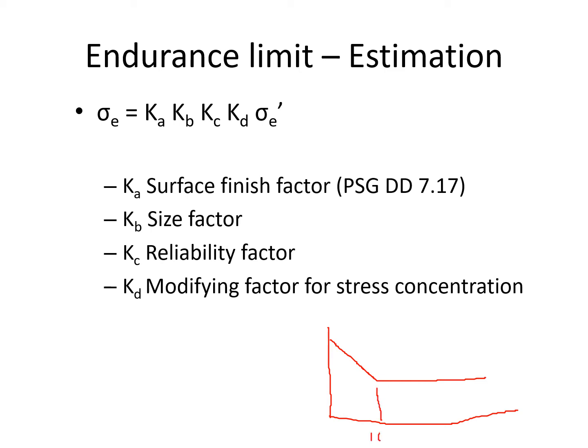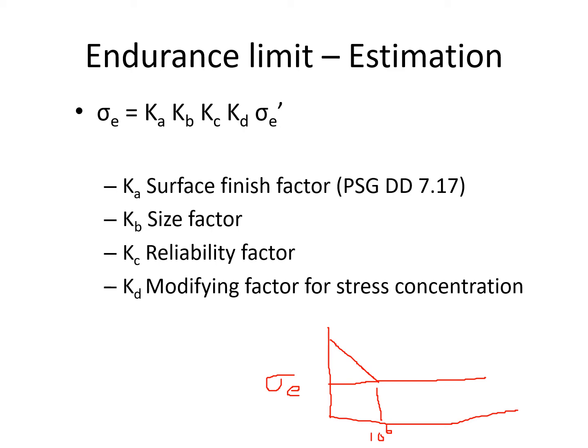The stress at this location, which is the reduced strength, is called the endurance limit. We are going to refer to this as sigma E. How do we find this sigma E?